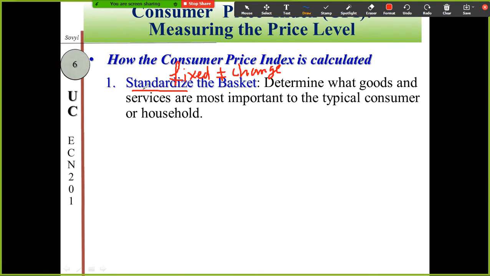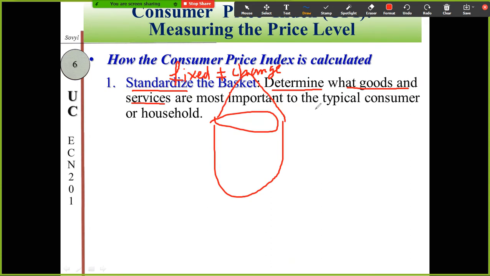So how do we standardize the basket? We have a basket like here. In order to standardize the basket, the CPI calculator needs to determine what goods and what services are the most important to typical consumers and typical households in their own country, in their own economy.